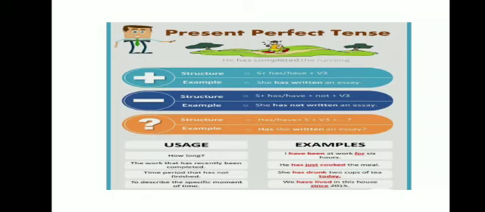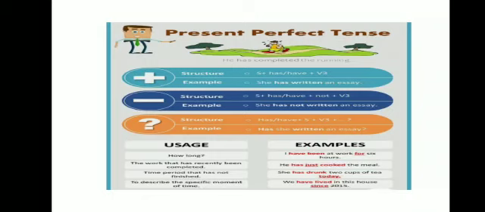Like she has written an essay. Okay. It can be I have written an essay.